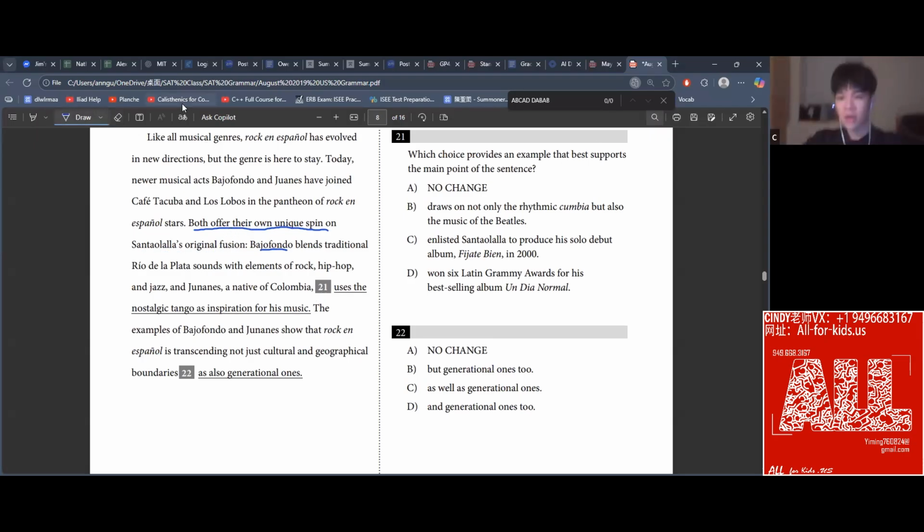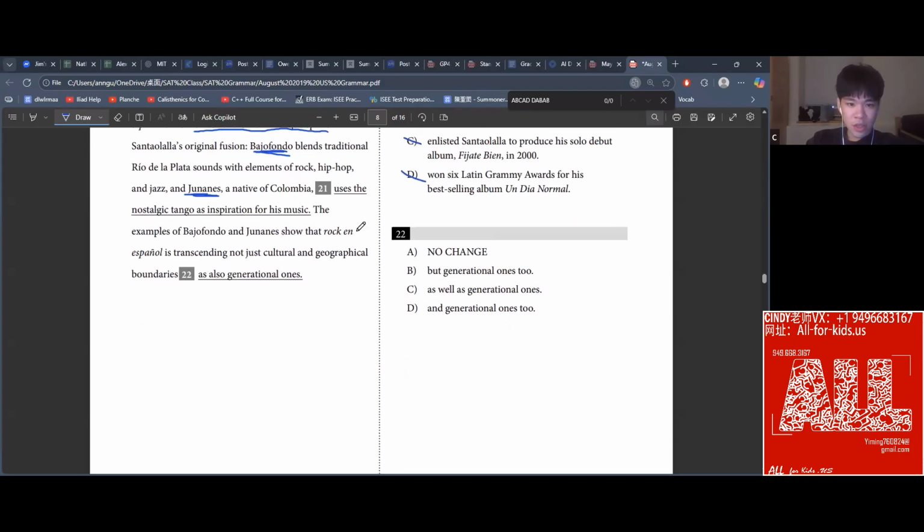The main point of the sentence is that two branches, this thing and this thing, kind of came out of rock en español, and they became kind of fusions. So for A, uses nostalgic tango, that's fine, but it doesn't talk about fusion, so maybe. Draws on the rhythmic cumbia, but also the elements of the Beatles, that's fusion, right? We're mixing two types of music together, that's good. Enlisted this guy to produce their solo album, no, right? Not about fusion music. Won awards, not about fusion music, so the answer is B.